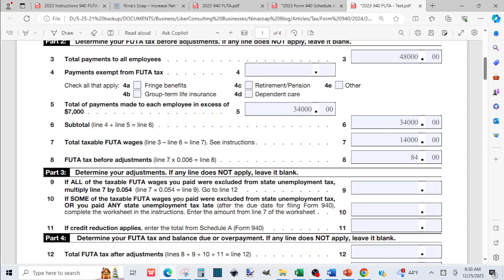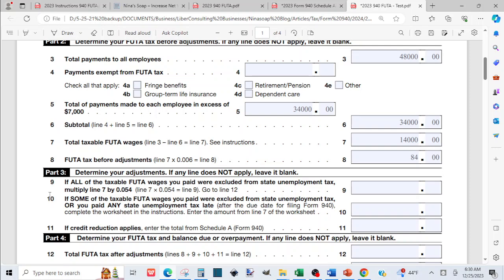So let's say your state does not collect unemployment tax on salary paid to officers, and you are the owner of your business, you are an officer, and you have employees as well. That means you are not going to pay state unemployment tax on the officers that you pay in the business, but you are going to pay state unemployment tax on the employees in your business. Therefore, you have that situation where some are excluded and some are not.